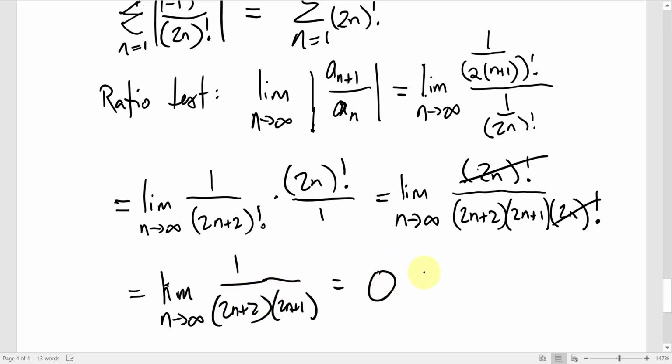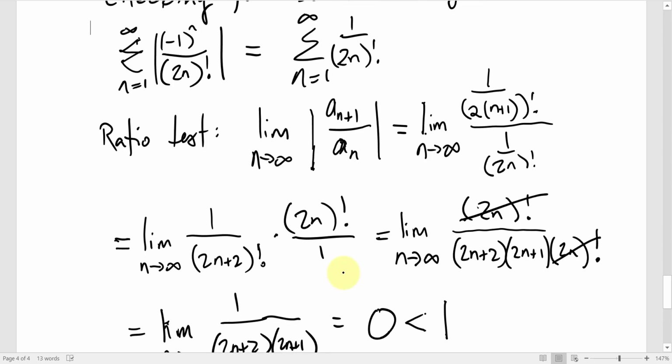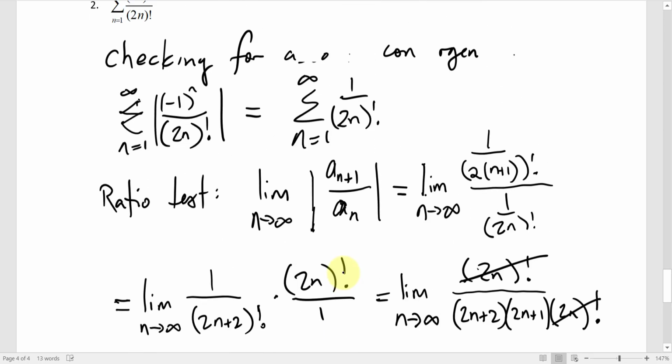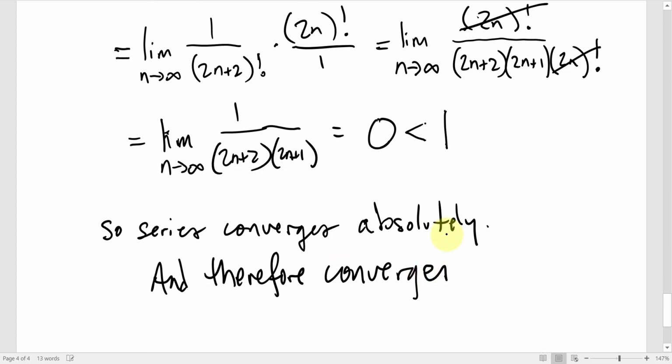And that 0 is the limit, which is less than 1, which, because we're doing the ratio test, implies that the series actually converges with absolute values. Since it converges absolutely, anytime any series converges absolutely, it will converge in its original form as well. If that's different, then it would converge to something different.